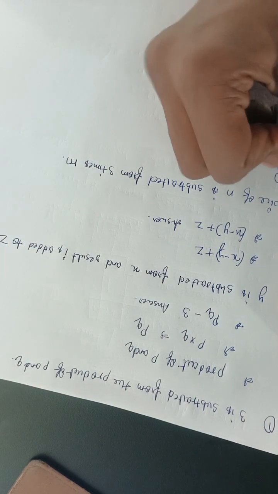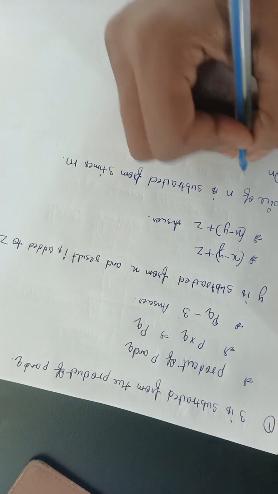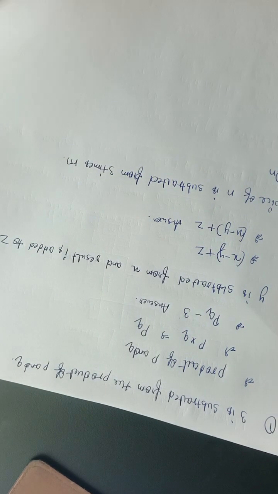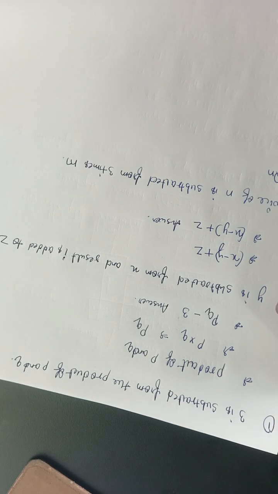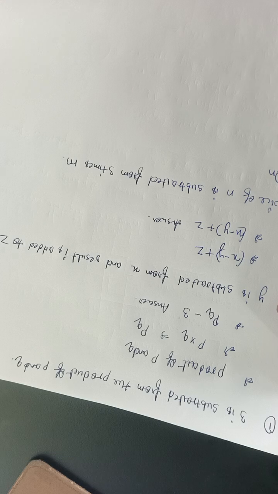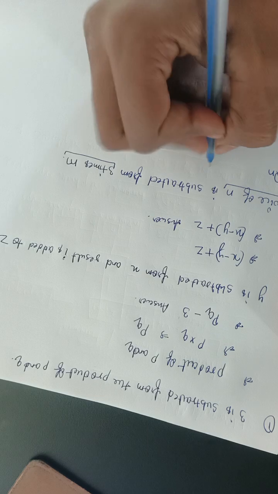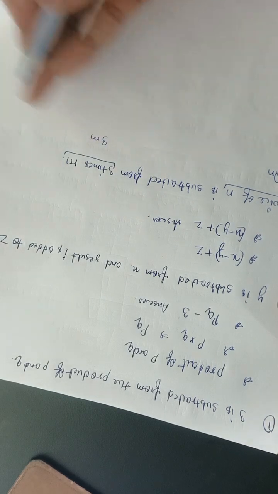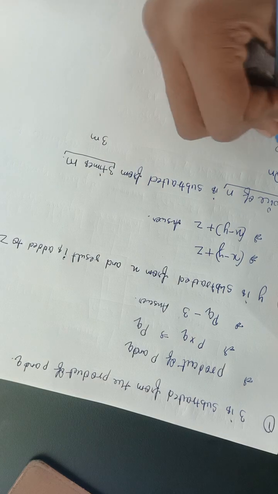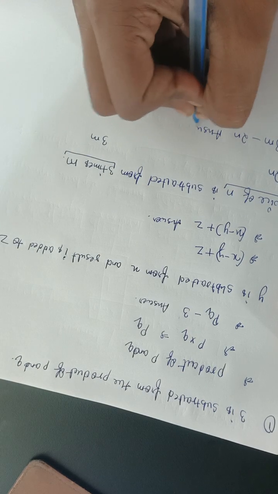Twice of n means 2n, and 3 times m means 3m. So it is saying twice of n is subtracted from 3 times m, means it will be 3m minus 2n. This is your answer.